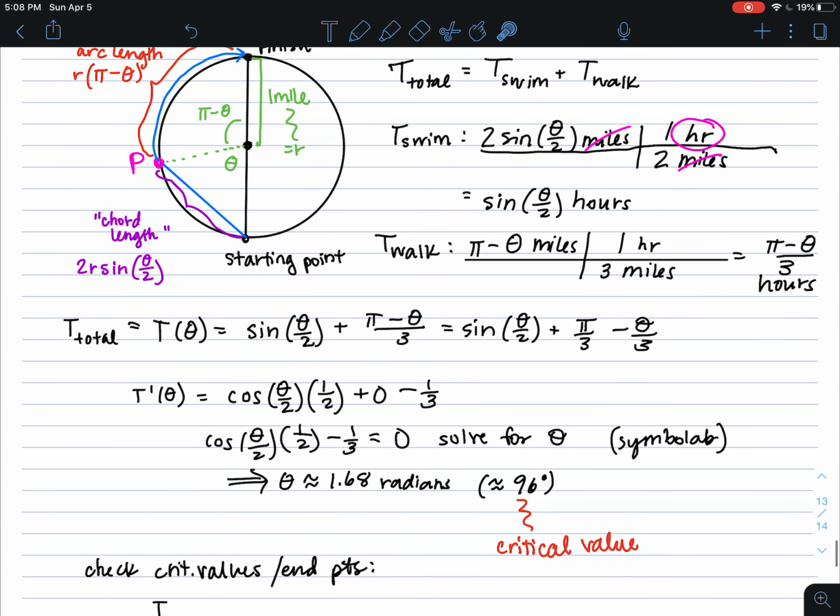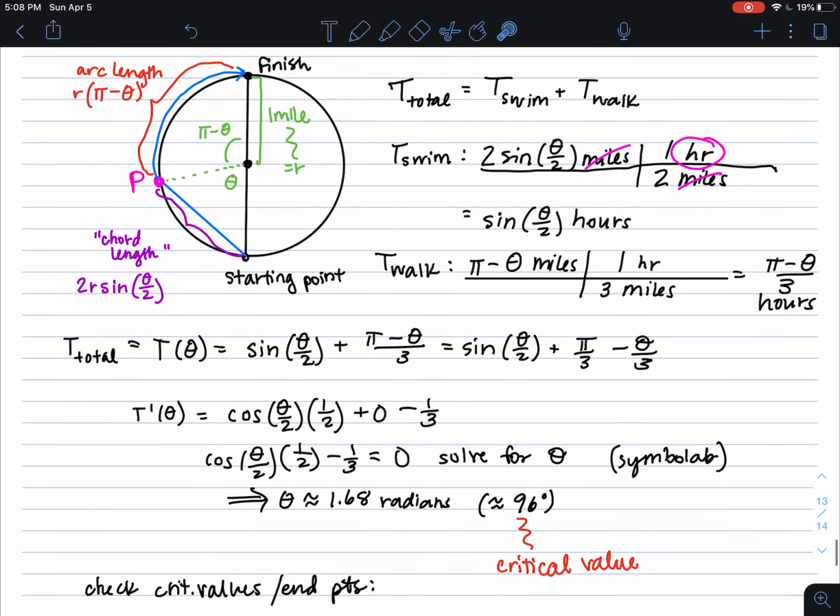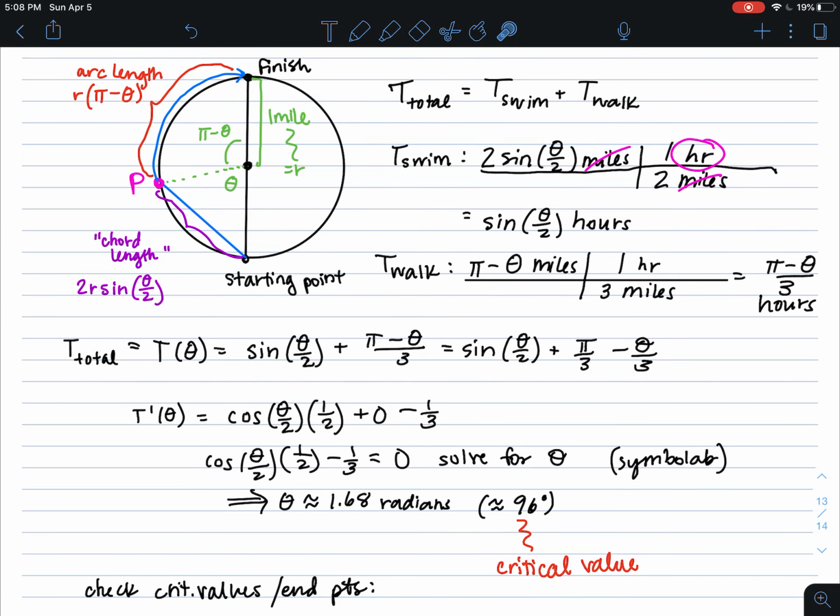Here, just to clarify, our endpoints are our starting position and our ending position. If P is at the starting position, then this angle of theta is 0. If P is at the ending position, i.e. if we swim the whole thing, then this theta is pi. We'd be going the full pi, right?